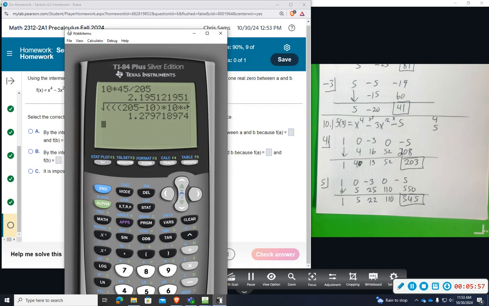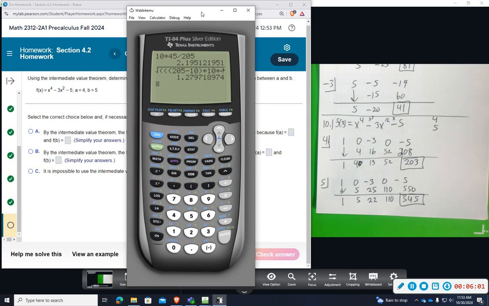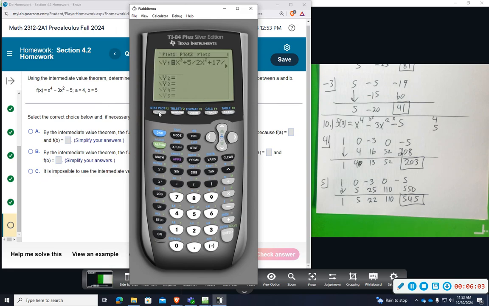If you have the graphing calculator and you graph the equation, I'm going to go to y equals, clear out what I have, and type in this equation: x raised to the 4th minus 3x squared minus 5. I'm going to graph it.